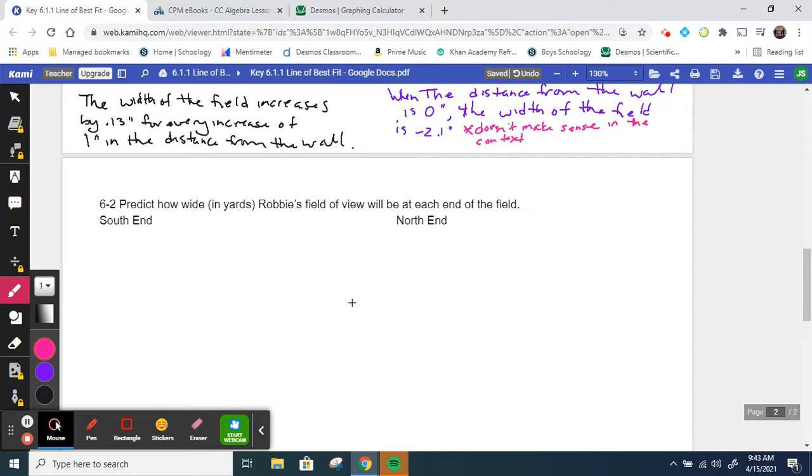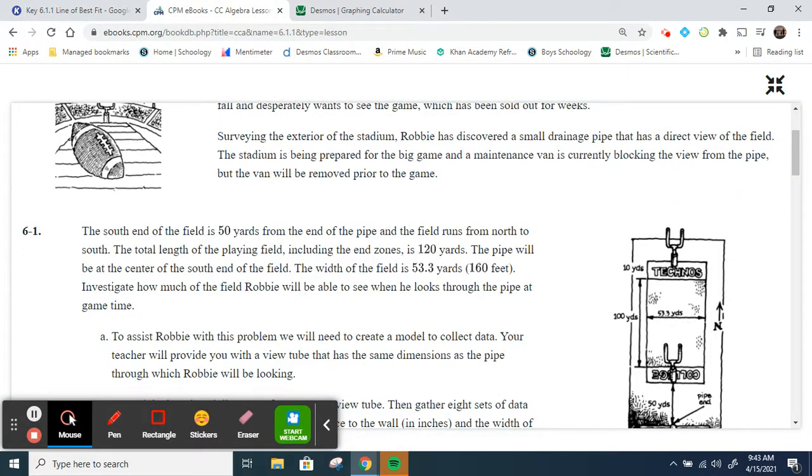All right, so then 6.2 asks us to predict how wide in yards Robbie's field view will be at each end of the field. So at the north end and at the south end. So if we go back to this picture that we had here, he's standing here at the south end. So the distance to the field is right now 50 yards.